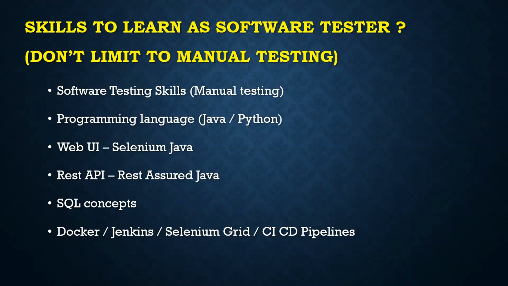And the last point is about Docker, Jenkins, Selenium Grid and CI/CD pipeline. If you want to run a large number of test cases in cloud environments or in any virtual machines, we should be aware of all these concepts in the last point. It can take 3 months to 6 months. So we should be aware of what things we have to learn. That's why I'm listing out all these points.